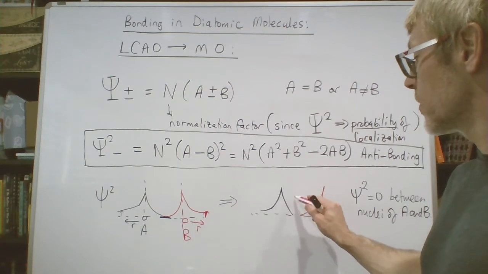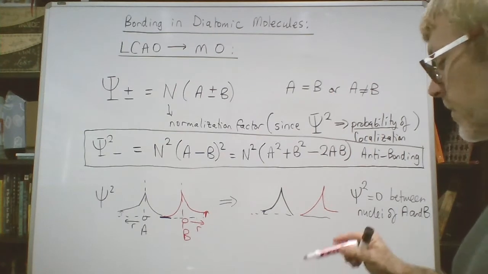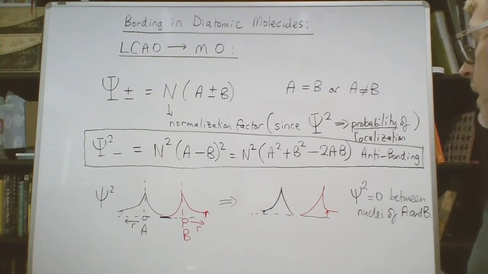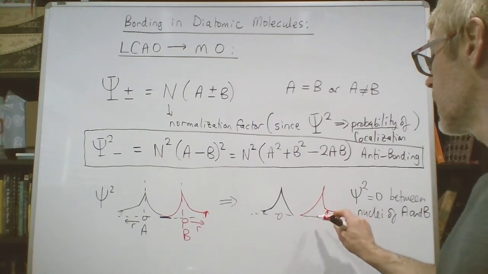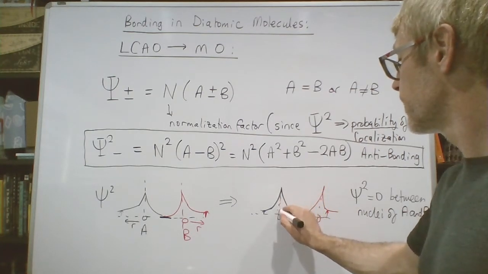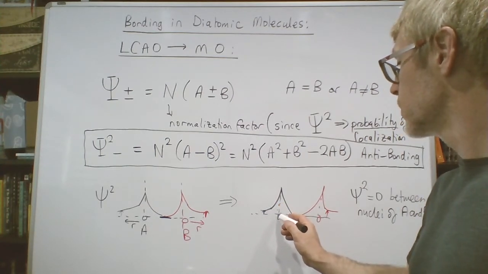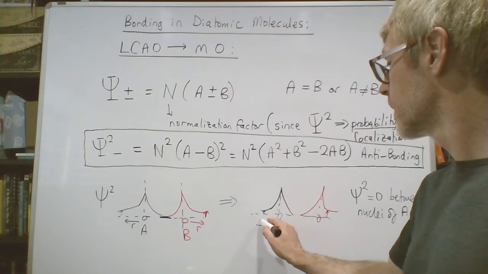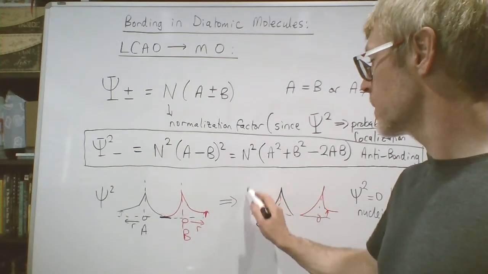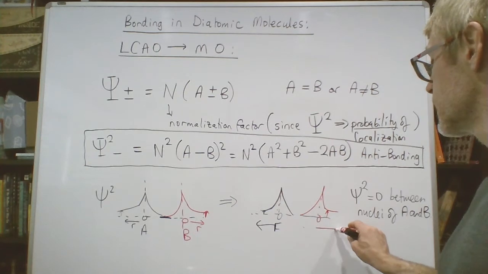Not only is there no interaction here, but because this is a little bit higher here, there's a little bit of kurtosis, I guess, if you like. Then actually you've got more electron density here, so the nucleus is going to be pulled that way. So there's going to be a force here where the nucleus is being pulled this way by its electrons, which are over here. And likewise, this nucleus is being forced this way.